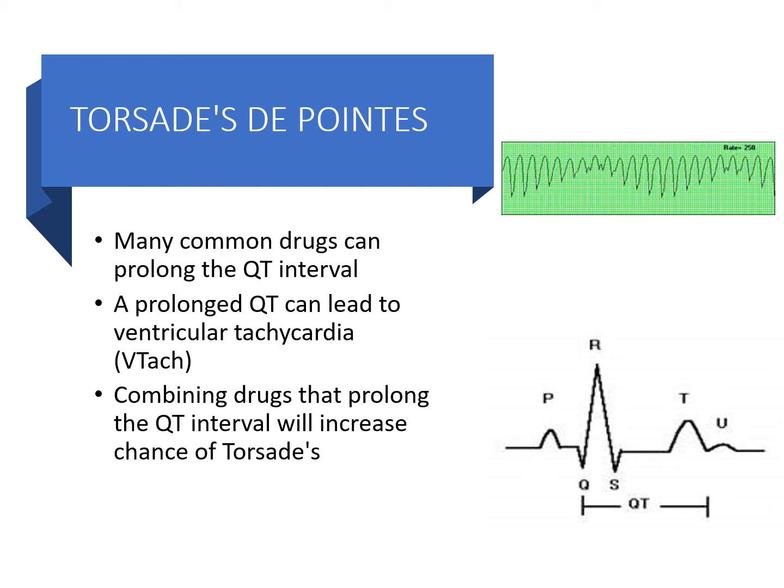Why does it do that? Well, it does that because the next beat is going to come in soon. As the QT interval gets longer and longer, the T wave is going further and further out, and the next beat is going to land on the T wave. And that's dangerous. And that's what can put people into ventricular tachycardia called torsade de pointe.